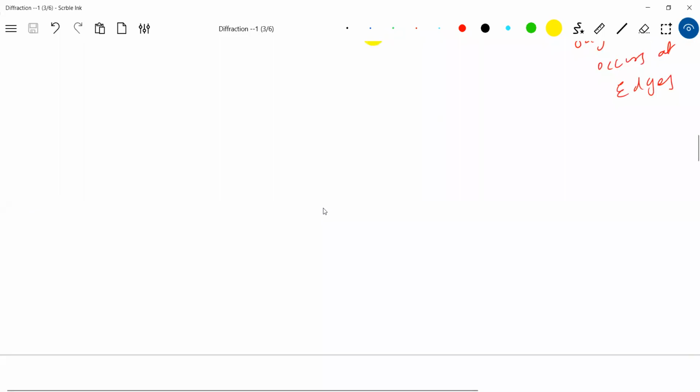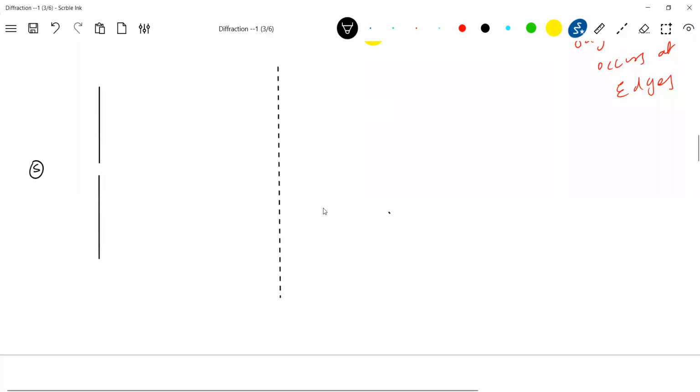One more diagram I'll give. So if there is a slit, and there's a screen, I'll keep a source of light here. What do we expect?